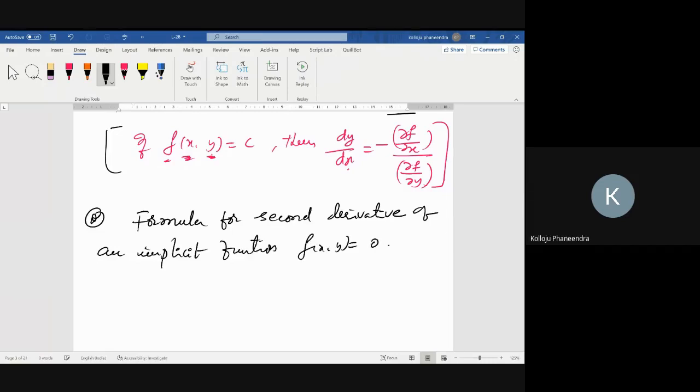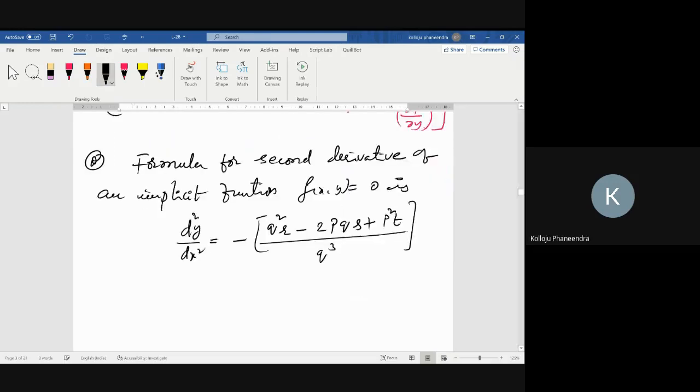Whatever it is, c or 0, the formula for the function is, let me write, what is the second derivative? d²y/dx² = −(q²r − 2pqs + p²t)/q³.